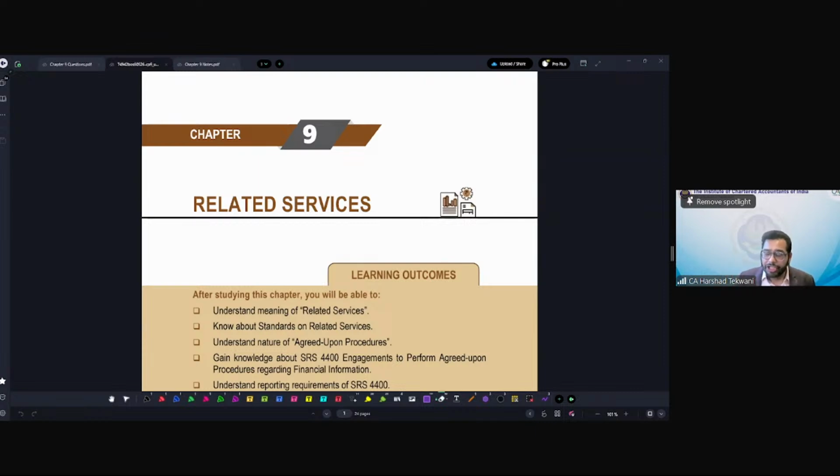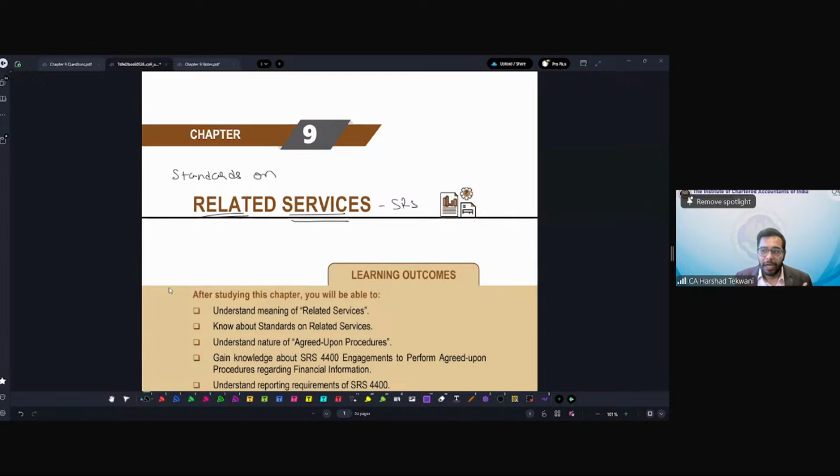Now here in chapter number 9, which is related services, we will again be talking about a special type of standards, which is SRS. Now what is SRS? SRS basically talks about service standard on related services. So SRS is nothing but standard on related services. This is your SRS, which is chapter number 9.